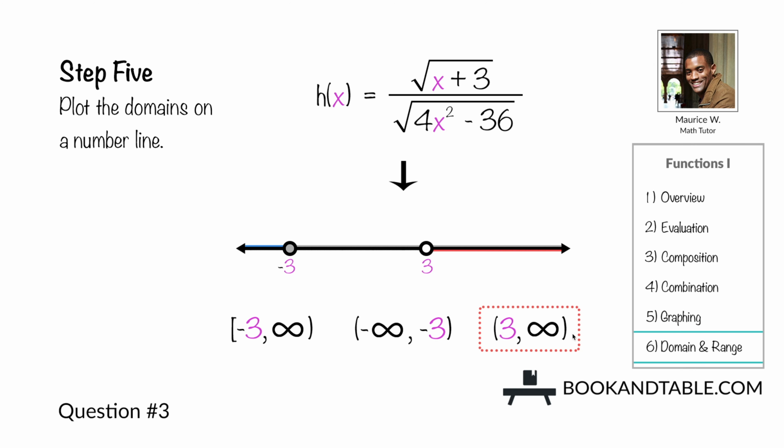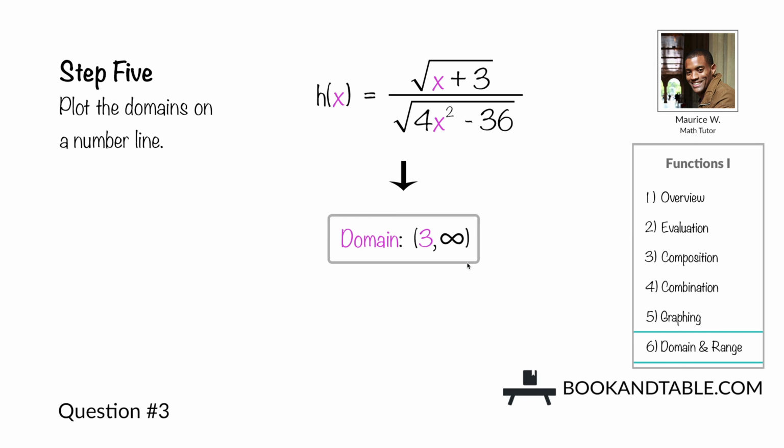But this portion of the domain in the denominator here does overlap this portion of the domain in the numerator. So from 3, but not including 3 to positive infinity, that is where our overlap exists. So that is the domain to h of x.